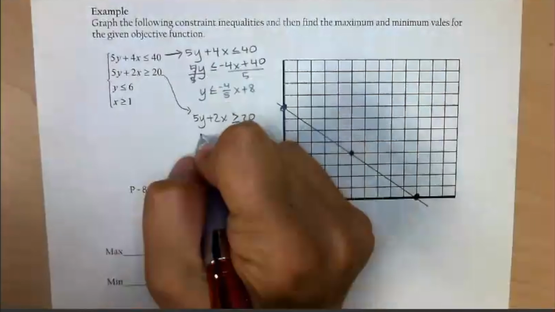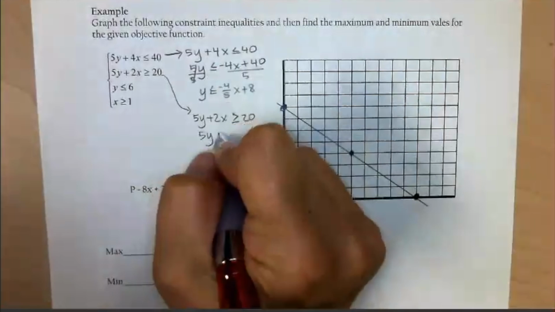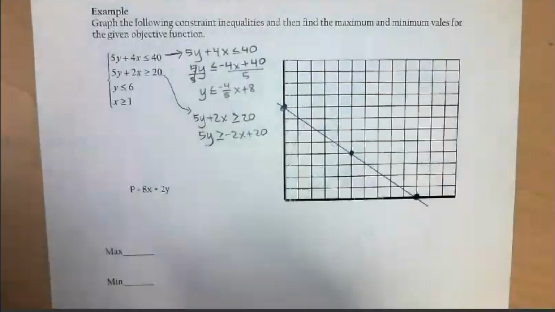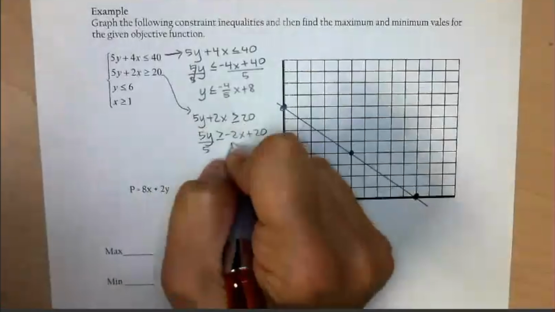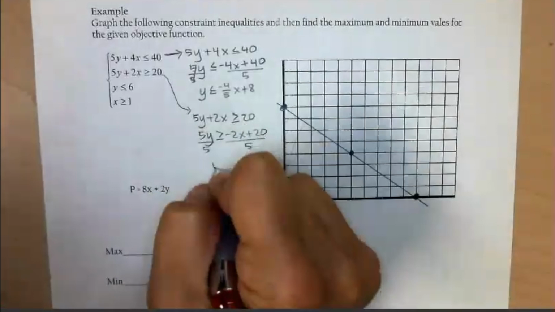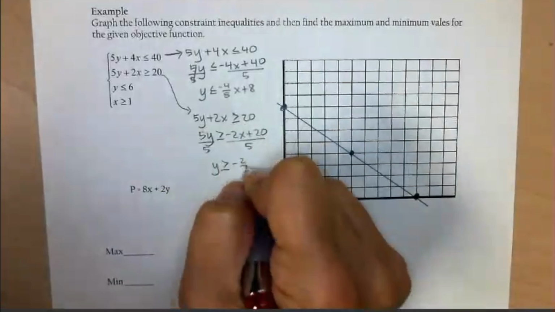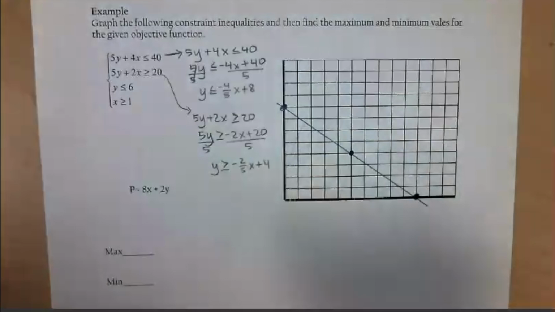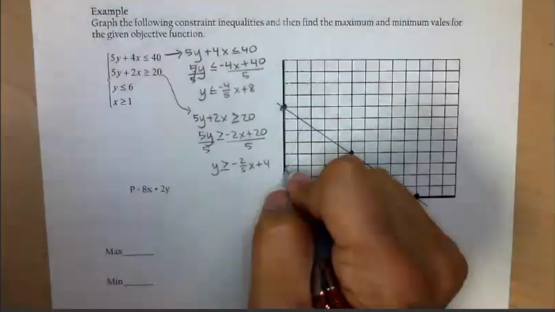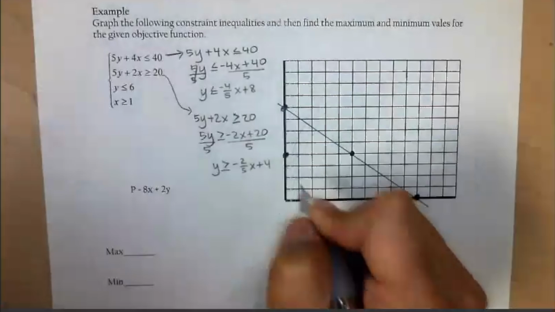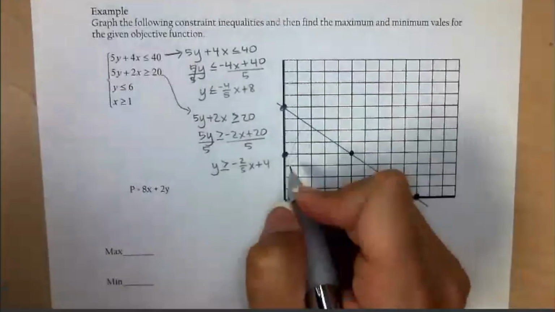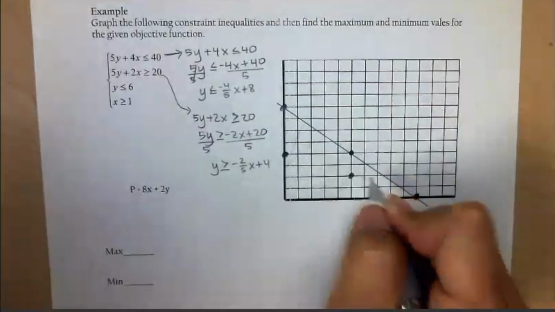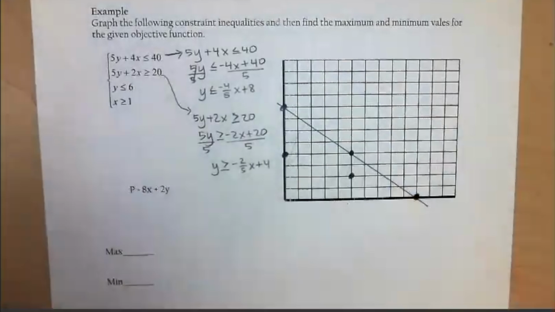We subtract the 2x and divide by 5. So our y-intercept is 4, and our slope is negative 2/5, so we go down 2 and to the right 5, and down 2 and to the right 5.